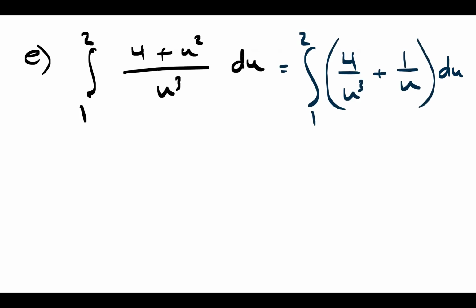The first one is ln of u. The second one, in your mind's eye, can you bring the 3 up to the top, making it u to the negative 3, and do a power rule?